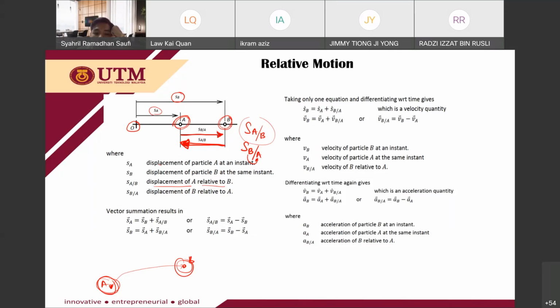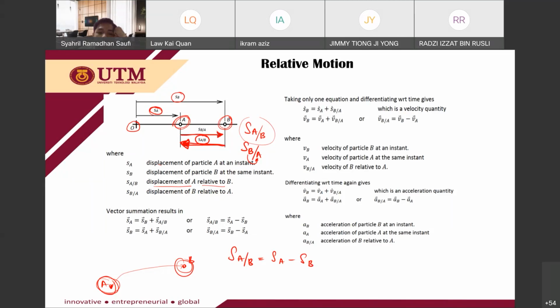In order to remember the equation, let's say I have a displacement of A relative to B. I want to measure this displacement, so I will use SA minus SB.